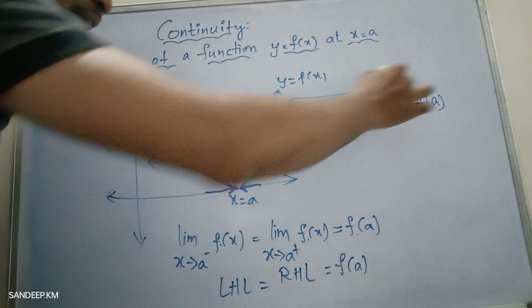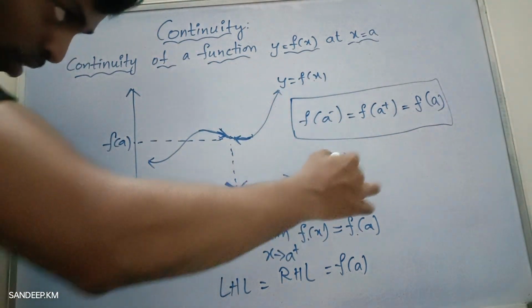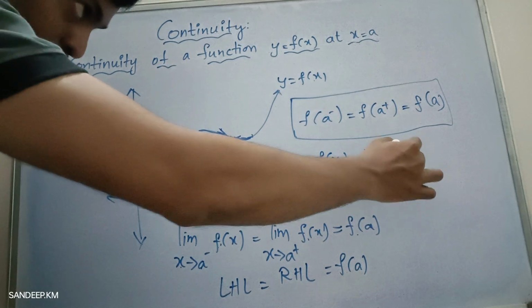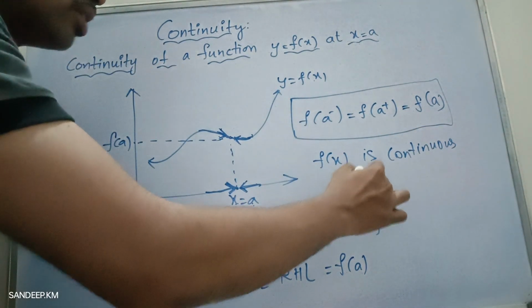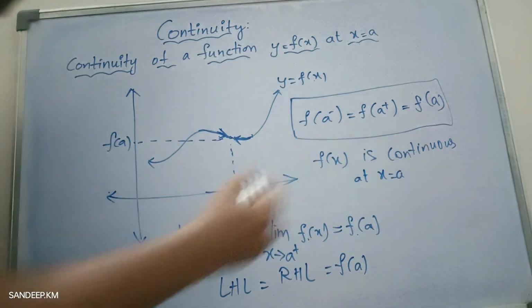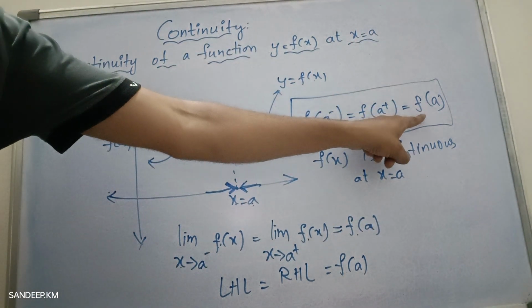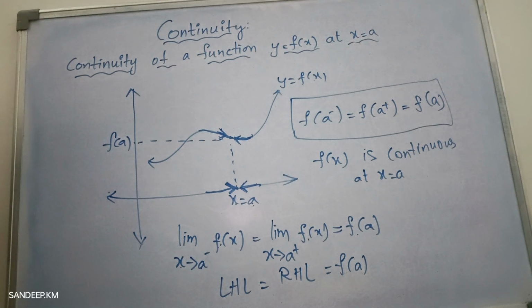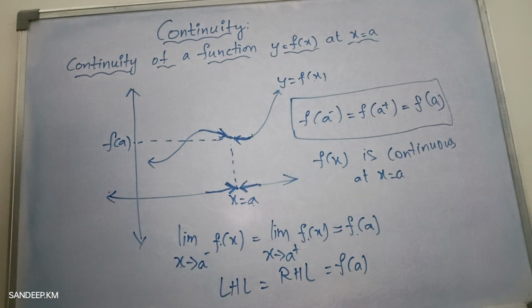If this condition is satisfied, then we can say that the function y equal to f of x is continuous at x equal to a. So if left hand limit is equal to right hand limit and it is equal to the value of the function, then obviously we can say that the function is continuous at x equal to a.